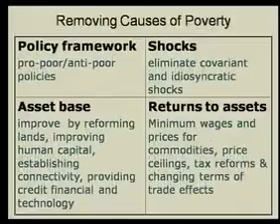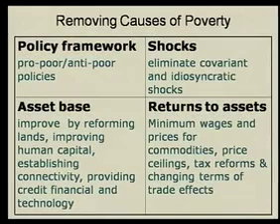Now, any country or the world can reduce poverty by removing the causes of poverty. What are the causes of poverty? The first cause can be the policy framework of a country.